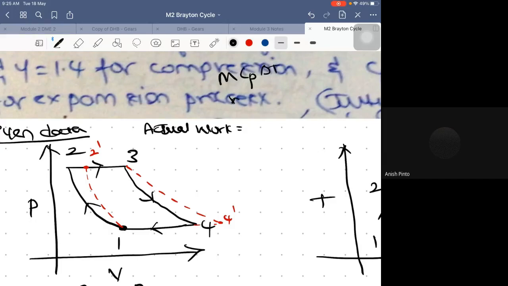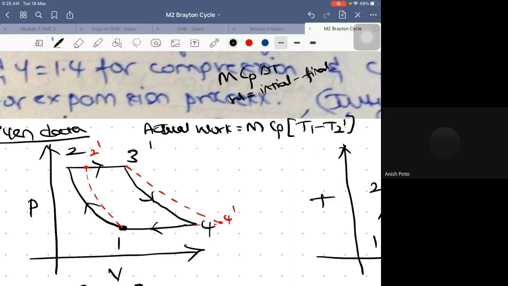For work, it is initial minus final. Now I am calculating for the actual one, which is in the red color. What is the temperature difference? Can I write it as T1 minus T2 dash?